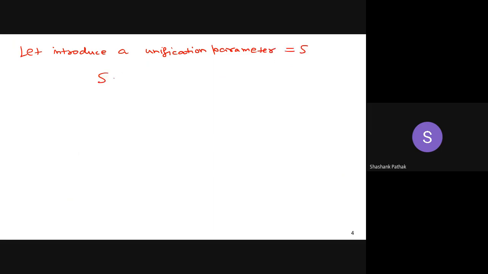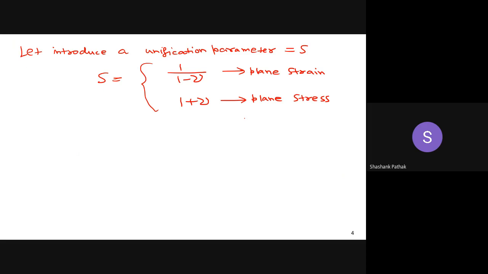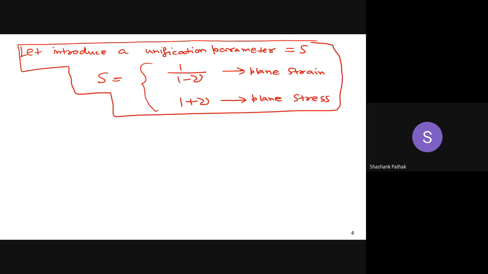So s is basically defined like this: 1 upon 1 minus nu, where nu is your Poisson's ratio, for plane strain problems, and s equal to 1 plus nu for plane stress problems. So just keep this somewhere on the side. This is something very important, and how we will use that I will show you.